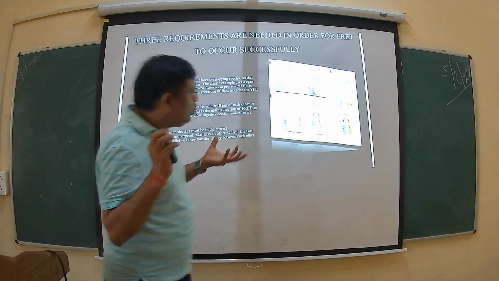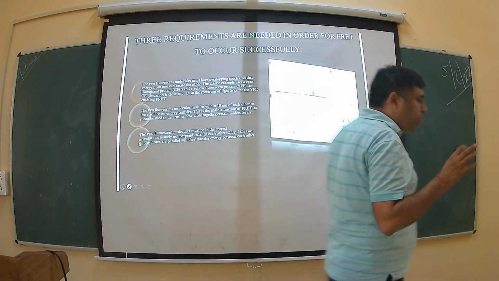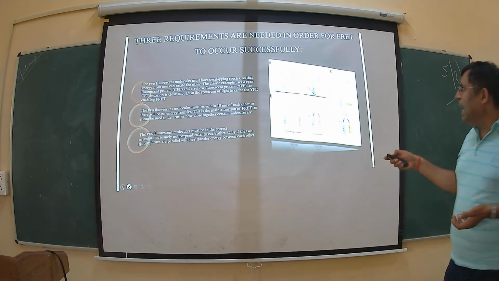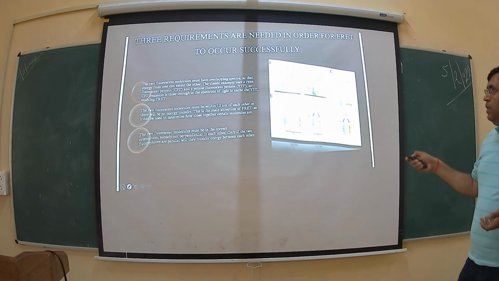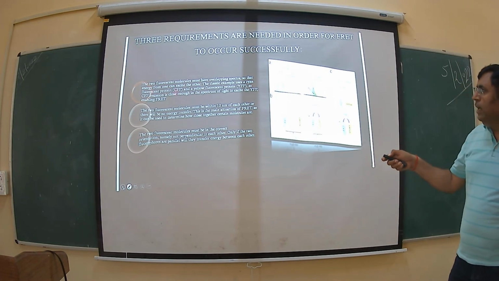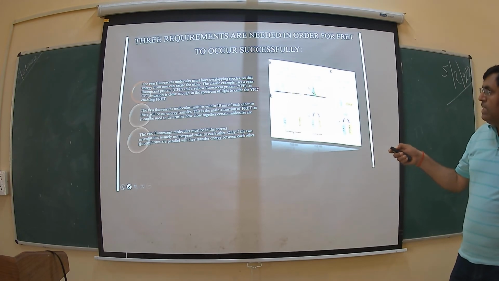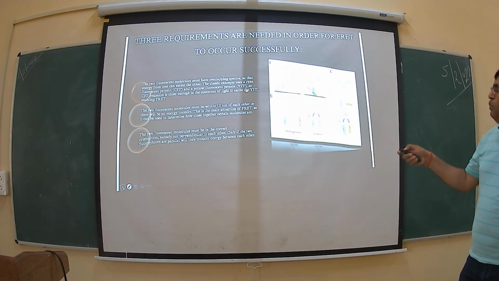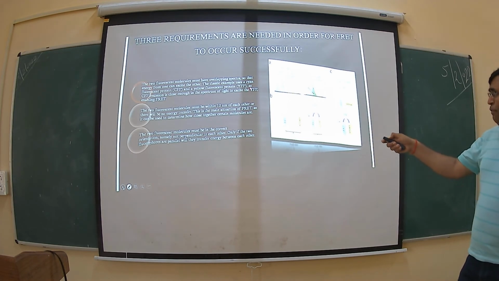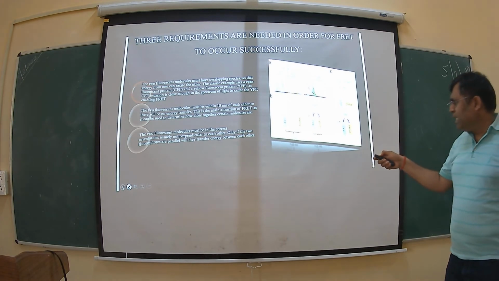There are two very popular dyes used for this FRET experiment. One is CFP, another is Venus. CFP is known as cyan fluorescent protein, and the other one is yellow fluorescent protein, YFP, which is also known as Venus.